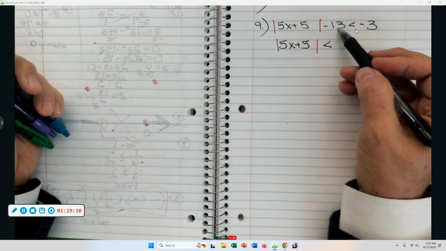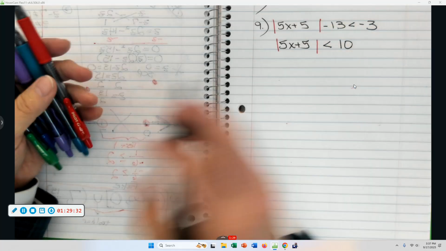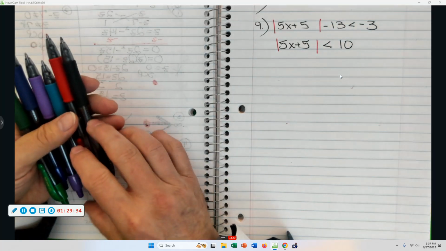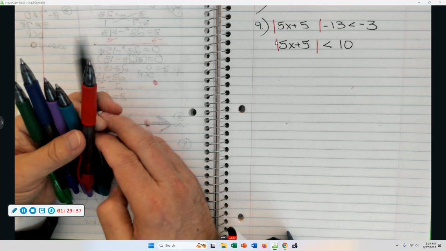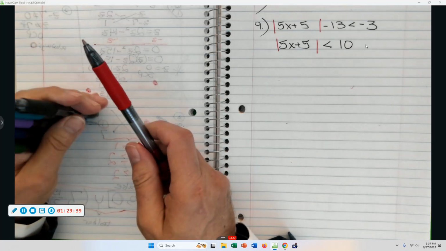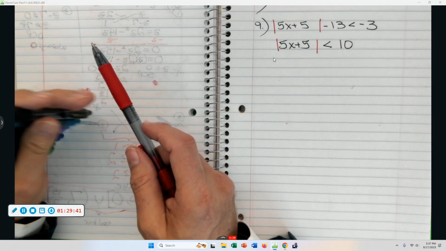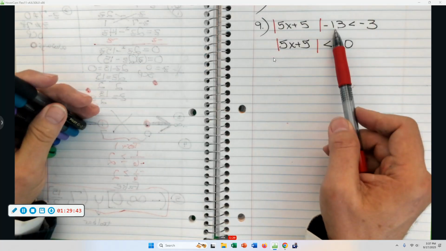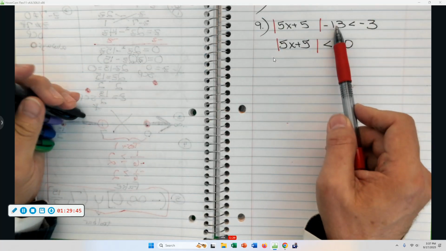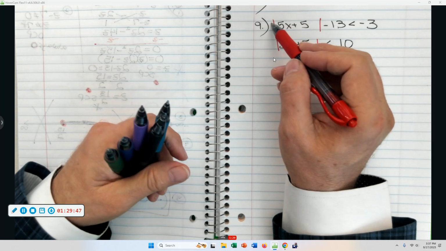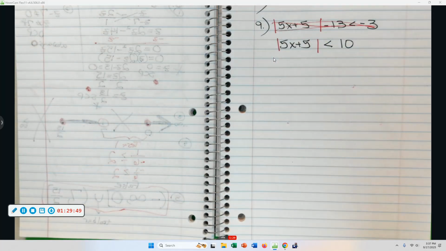Negative 3 plus 13 gives me a positive 10. And once you've isolated that absolute value by undoing any addition or subtraction, I highly recommend you mark that original problem out and never look back at it.